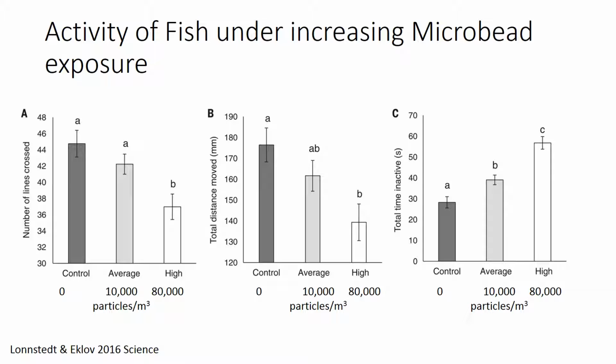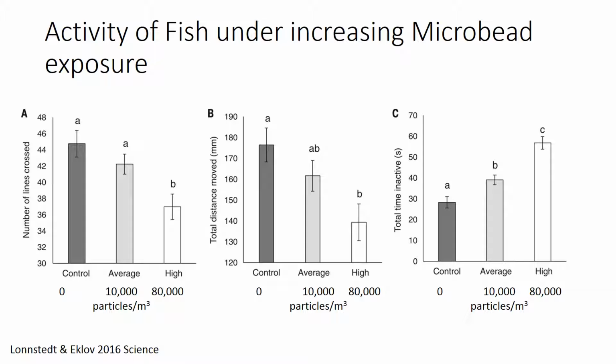All of these are measurements of how much the larvae move around, and you can see if you don't put anything in the water, they basically cross a number of lines in the box as a measure of how much they're moving around. They move a further distance, and they spend less time just sitting around going, what are we doing?